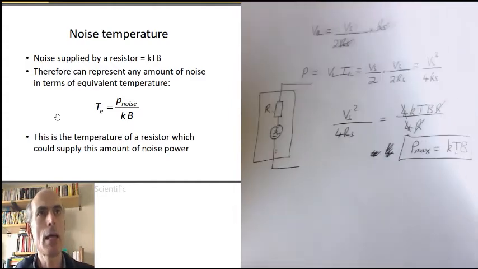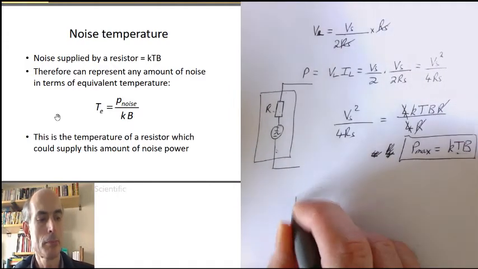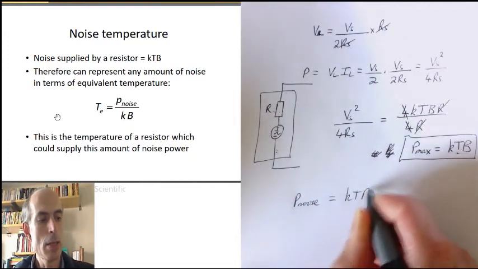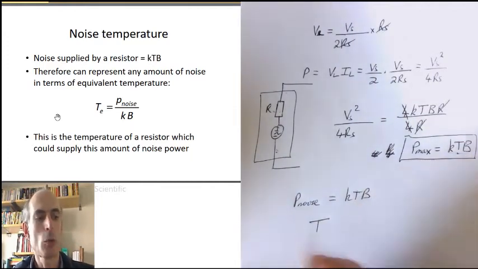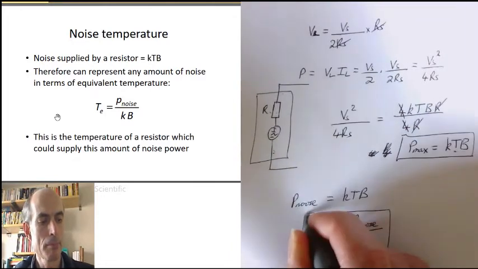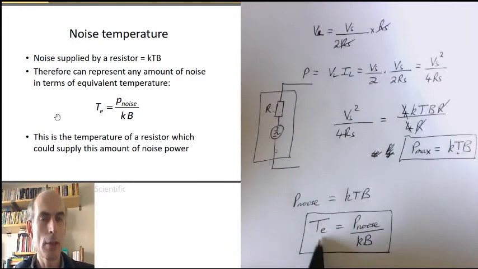If we have any particular value of noise power, kTb, we could just define an equivalent noise temperature given by the noise power divided by k times B. And that is what we call a noise temperature.